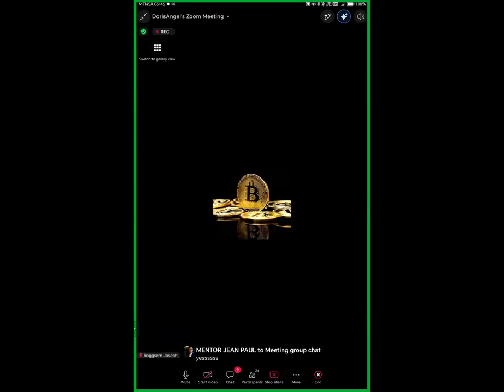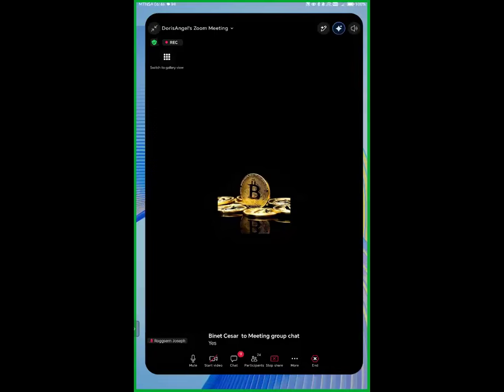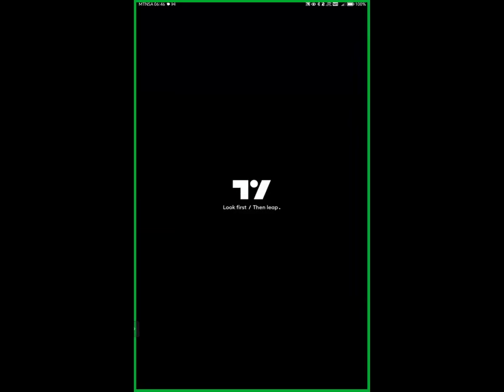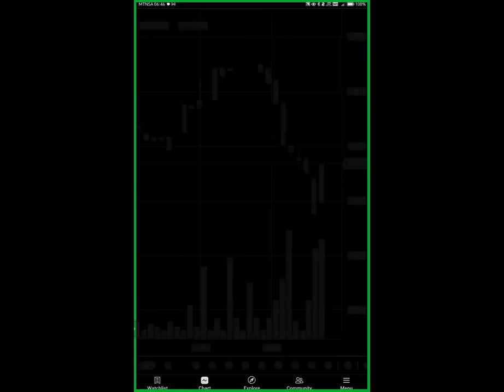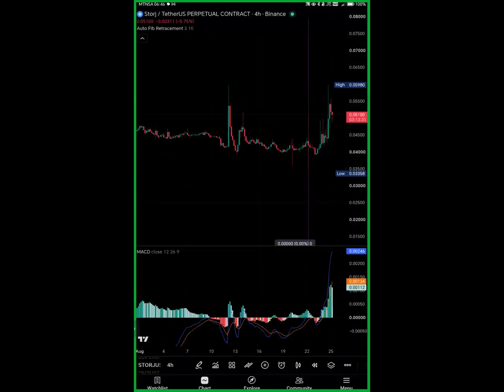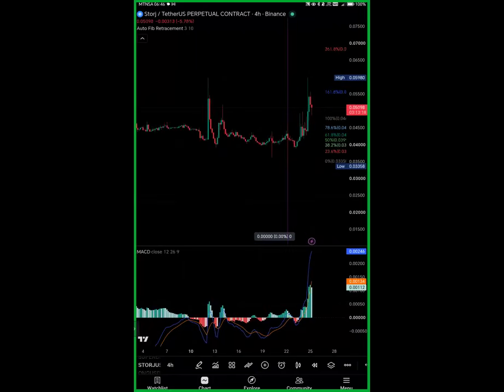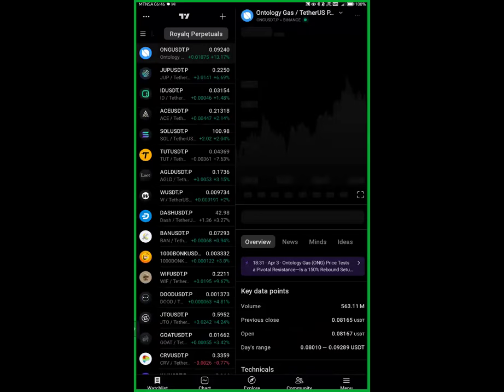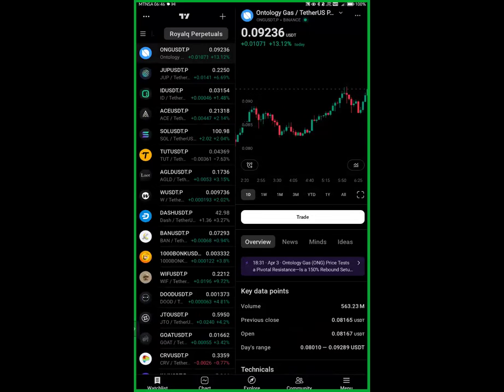All right, so let's go to the TradingView application. If we are able to look at some chart patterns that we may find there. Okay, so I am on the TradingView application. Possibly we are going to check out some candlestick chart patterns that we may find.